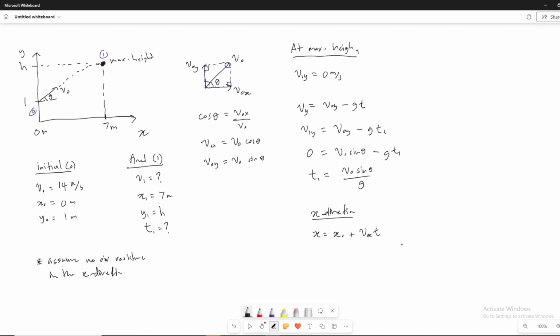There's no acceleration, so there's no last term. At point 1, x is 7, x naught is 0, plus v naught x, which is V naught cos theta, times t, which is V naught sin theta over g.